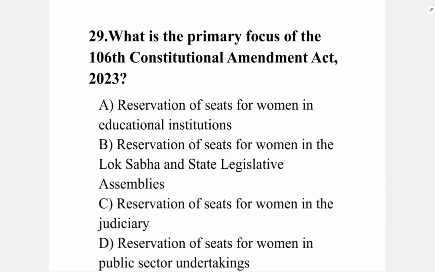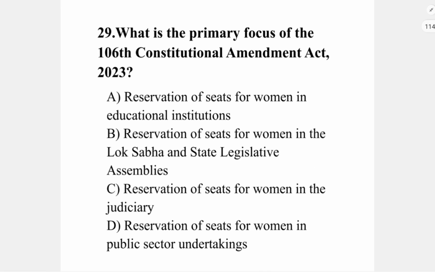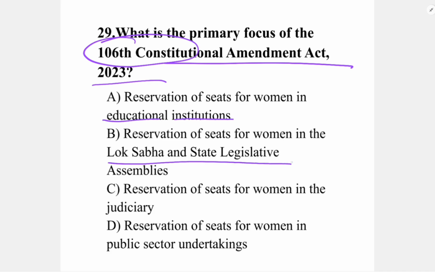Next question. What is the primary focus of the 106th Constitutional Amendment Act of 2023? Option A, reservation of seats for women in educational institution. Option B, reservation of seats for women in Lok Sabha and state legislative assemblies. Option C, reservation of seats for women in judiciary. Option D, reservation of seats for women in public sector undertakings.